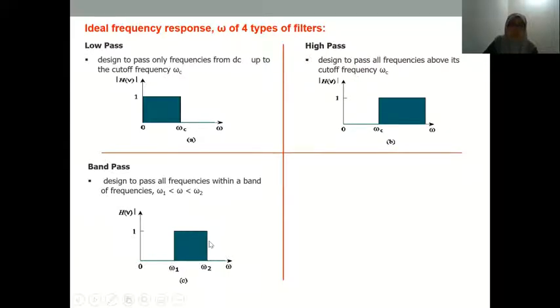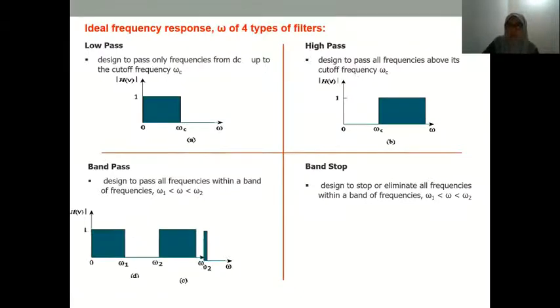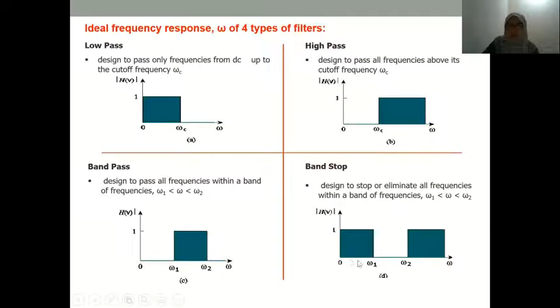And the band stop is designed to stop or eliminate all frequency within the band from omega 1 to omega 2, so it will eliminate the frequency in between omega 1 and omega 2 and pass all the frequency below omega 1 and above omega 2.